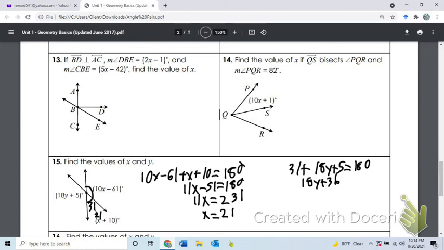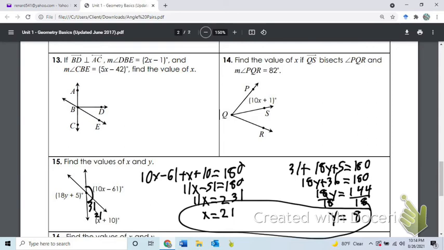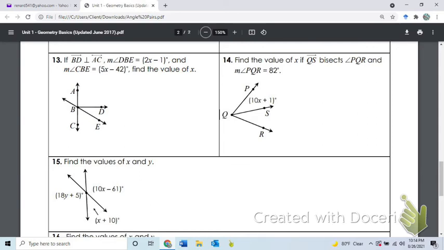Combine like terms, subtract 36, and divide by 18. And lo and behold, there we go. Last slide, ladies and gents.